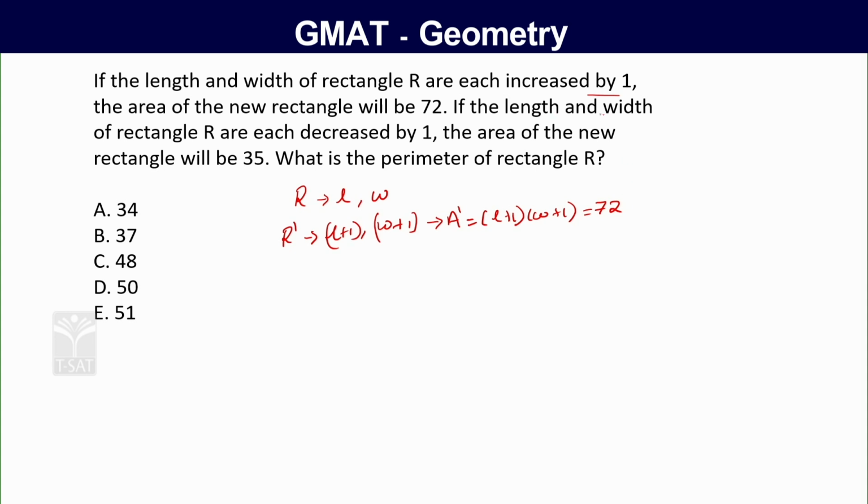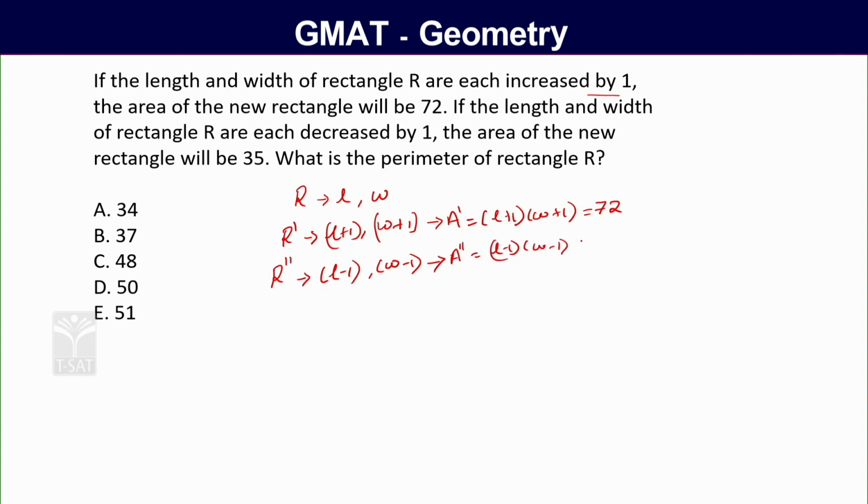Now if the length and width are decreased by 1, let's say we have another rectangle R double dash, the length is decreased by 1, so L minus 1, and width is decreased by 1, so W minus 1, and the area of this rectangle A double dash will be equal to L minus 1 into W minus 1, which is given to be 35.